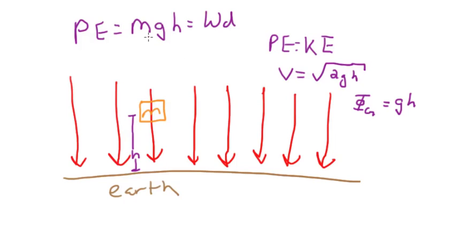The mass isn't going to end up determining anything too useful. So this is a way to solve things independent of mass, because in the end, mass just scales up the size of your potential energy, and what really is going to determine the crux of the problem are g and h. So this is PE per mass.